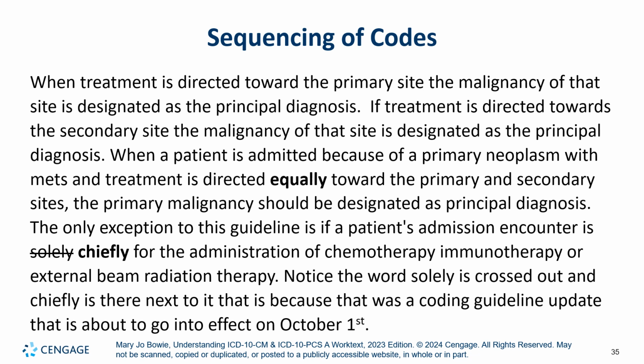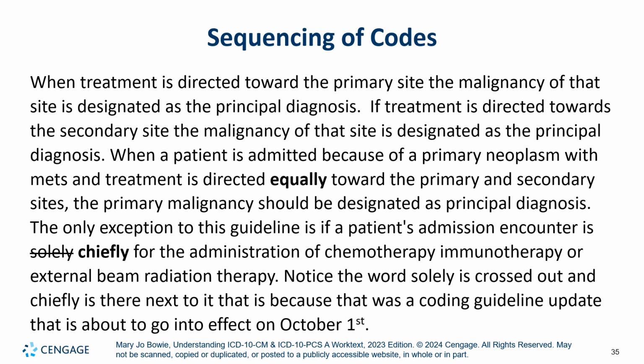However, because the principal diagnosis is sometimes difficult to determine in a patient with malignant neoplasm, the thrust of the treatment can often be the guide to select the principal diagnosis. So if the treatment is directed towards the secondary site, the malignancy of that site would be designated as the principal diagnosis.